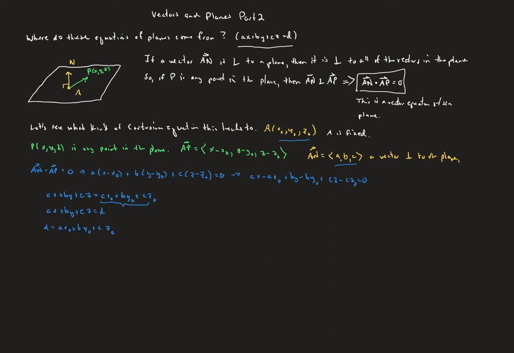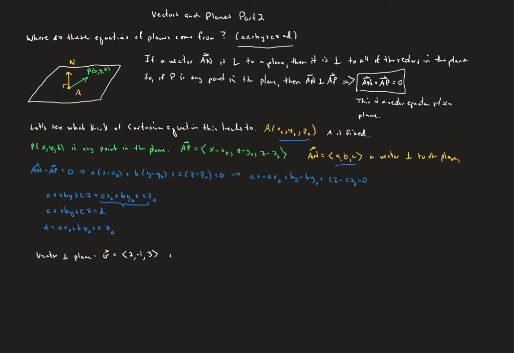Okay, well this is actually a formula here for coming up with an equation of a plane. So let's look at an example and see what this is going to look like with actual numbers in it. Let's say that our vector perpendicular to the plane, we'll call it v, is going to be 2, negative 1, 3.